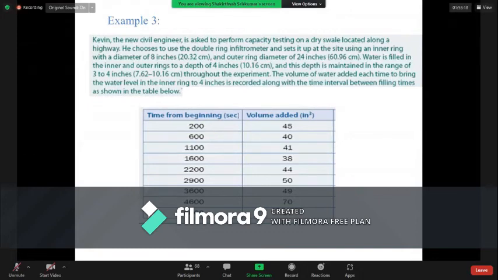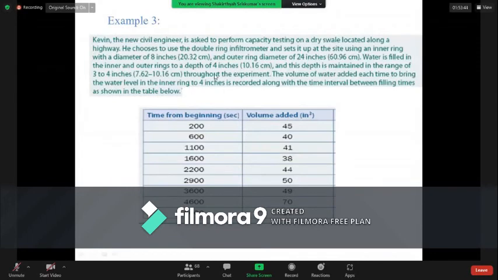And this depth is maintained in the range of 2 to 3 inches throughout the experiment. So they have to maintain that level at a particular depth. That is the constant head method. The volume of water added each time to bring the water level in the inner ring back to 4 inches is recorded along with the time interval between filling times, as shown in the table below.